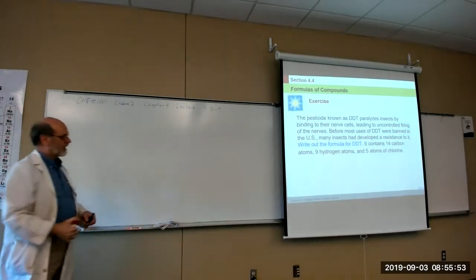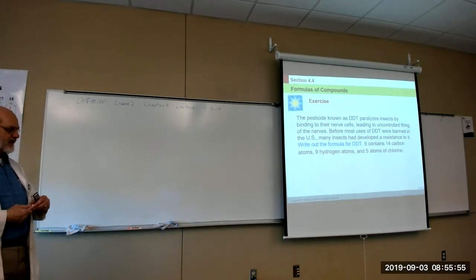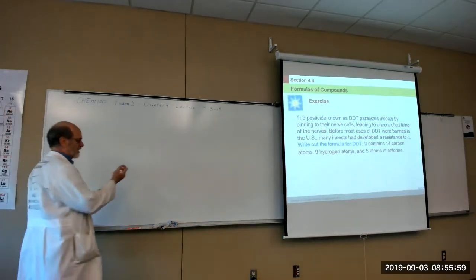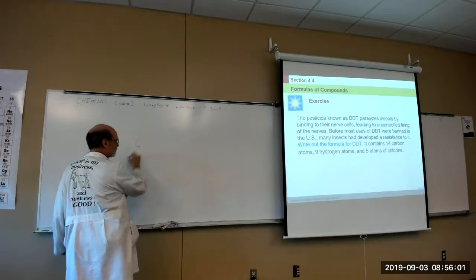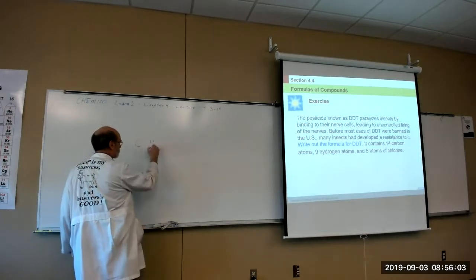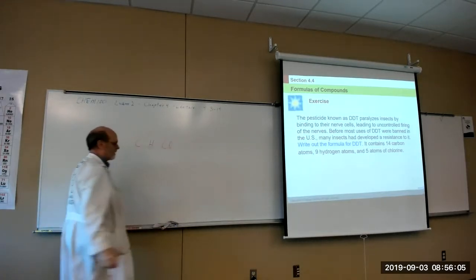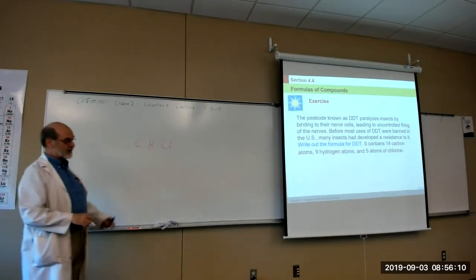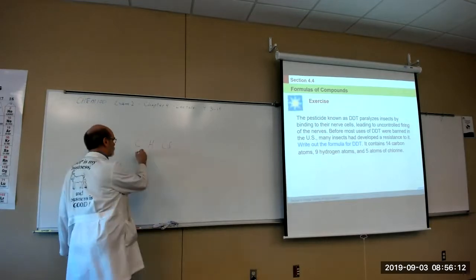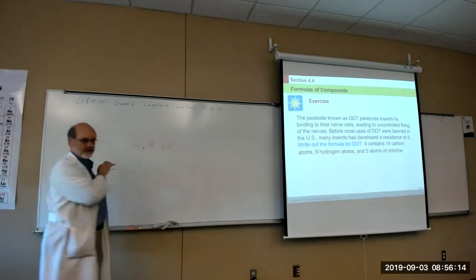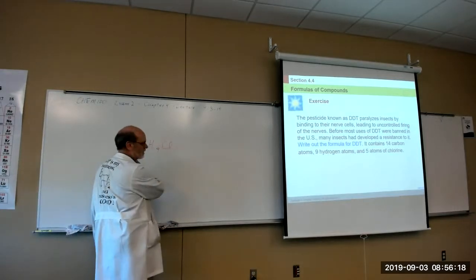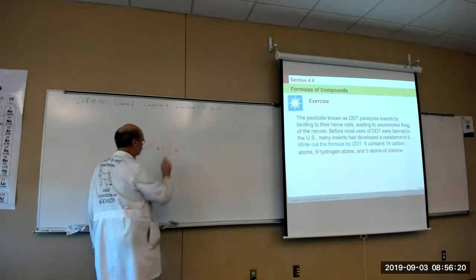Anyway, DDT. So let's say DDT has 14 carbons, 9 hydrogens, and 5 chlorines. So it has carbon and hydrogen and chlorine. So they're your symbols, right? So how many of each? We have 14 carbons, and 9 hydrogens and 5 chlorines.